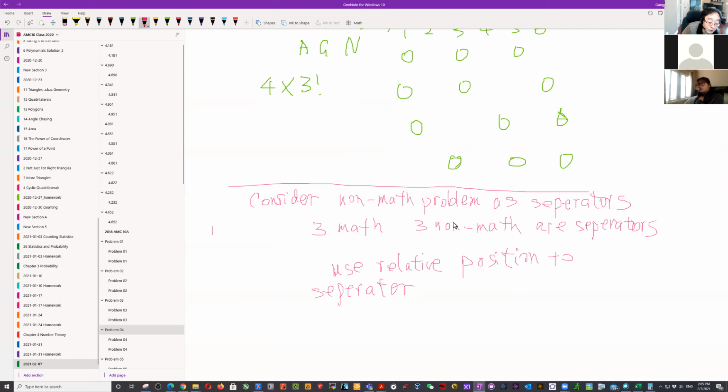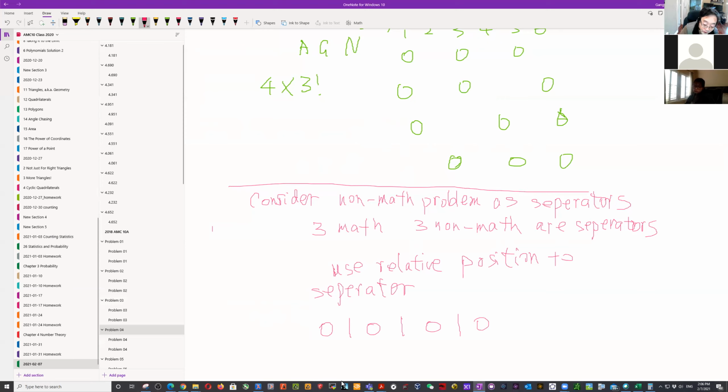We are not labeling classes from 1 to 6 as 6 periods. We are just labeling relative position to those 3 separators. So for example, separators 1, 2, and 3. With those 3 separators, we created 4 positions, 1, 2, 3, 4.